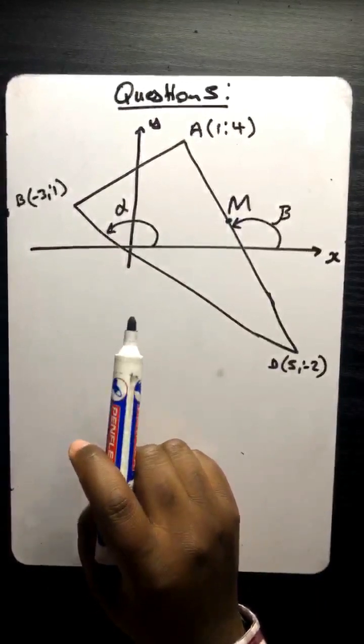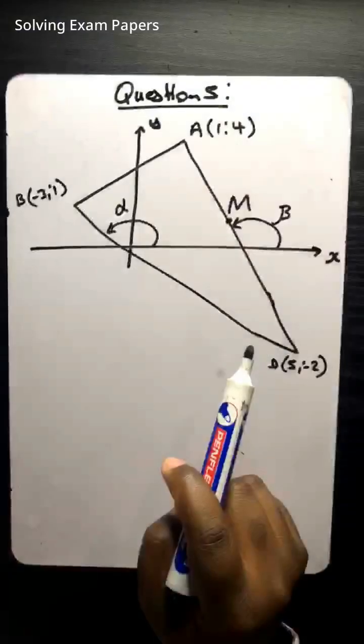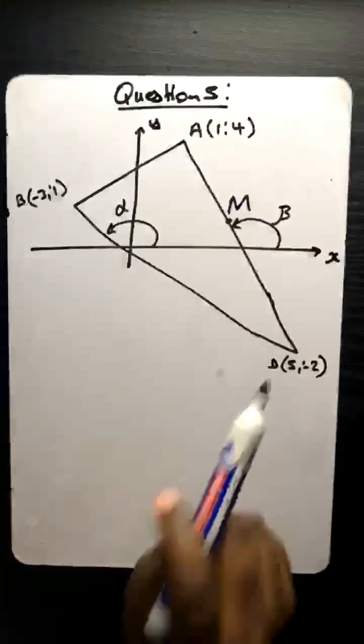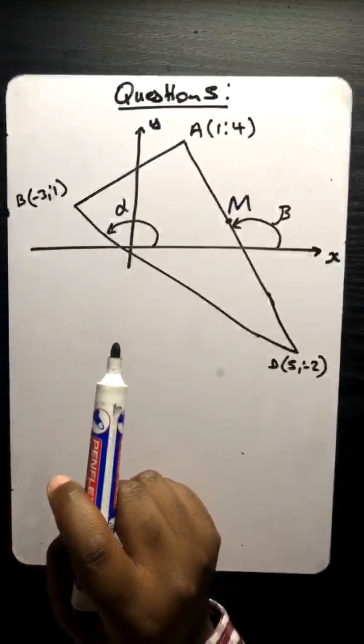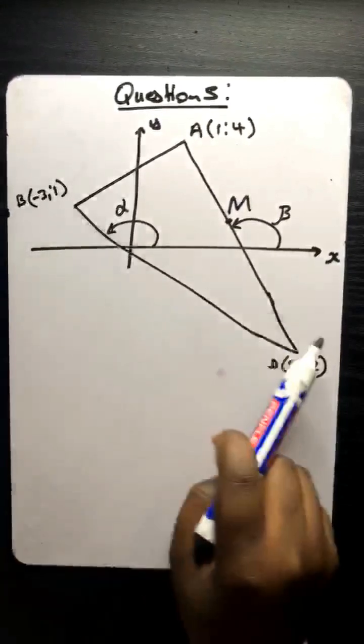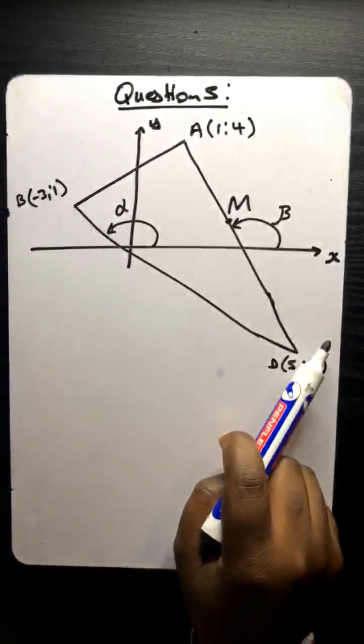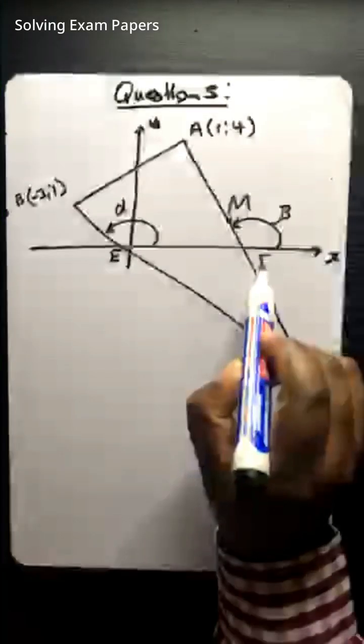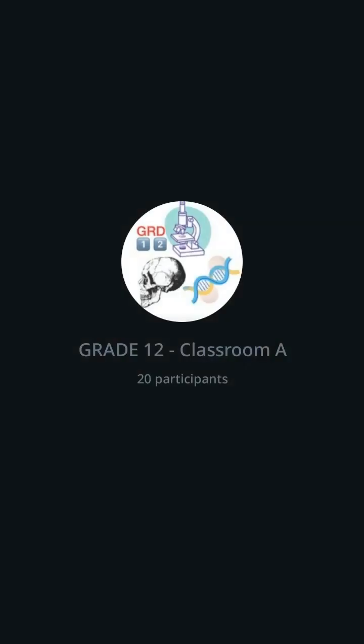So A, B, C are the coordinates of the vertices of triangle ABD. And they say BD, where's BD, there's B, there is D, intersects the x-axis at E. Okay, so that means there we've got E, and F. Remember, guys, in case I'm breaking up, in case it's blank, let me know immediately.